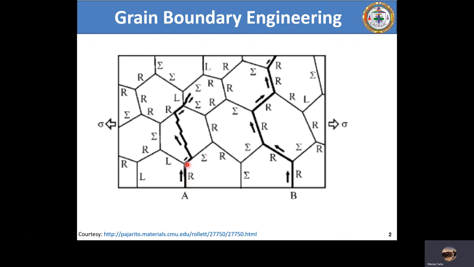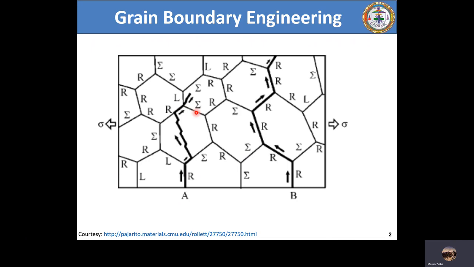The crack first reaches the triple junction, then propagates along the sigma boundary in an intergranular fashion, and after a certain point changes its mode to transgranular, propagates through the second grain, then changes again to intergranular and reaches another triple junction between L, R, and sigma.